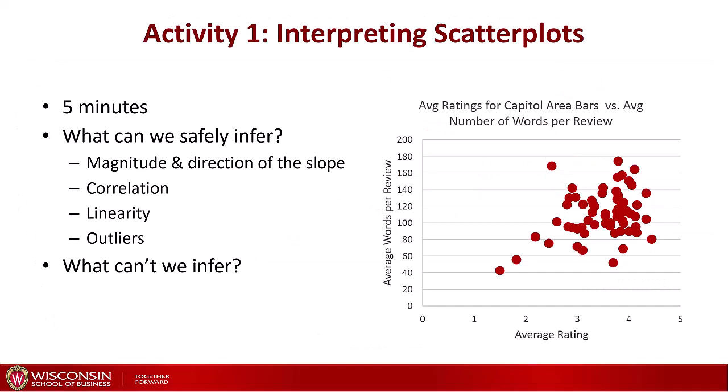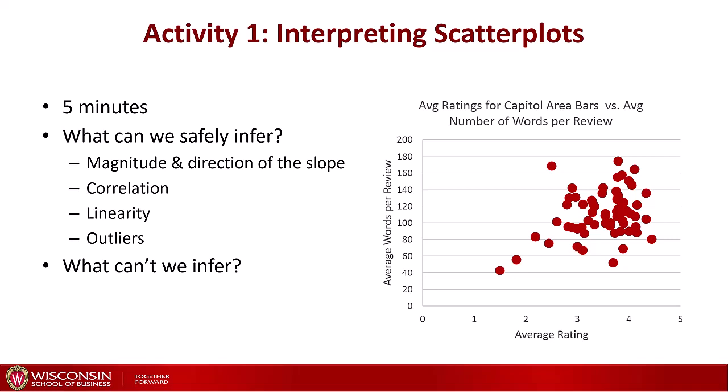How to interpret the scatterplot? Before I just give you the answer, now will be a good time to pause this video and to think about what you can safely infer based on what you know right now. If you are watching this video with someone else, you can exchange your thoughts. Think about the magnitude and the direction of the slope.